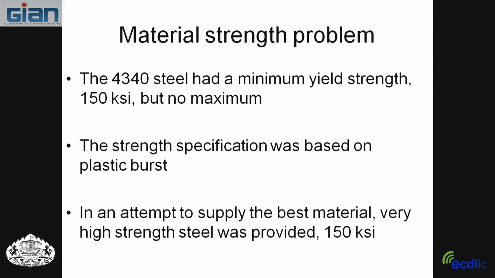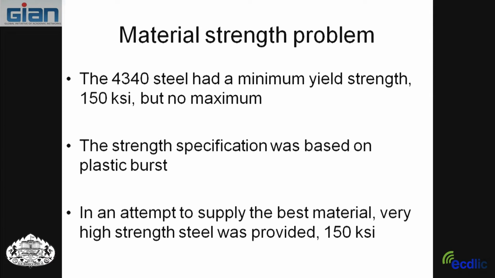Now, a couple things about this. This had a minimum yield strength requirement of 150, but no maximum requirement. So the supplier, a steel company, thought the stronger the better. So they tried to make it as strong as possible because everybody was worried about plastic burst when this was made.